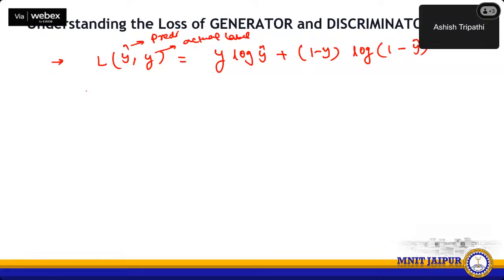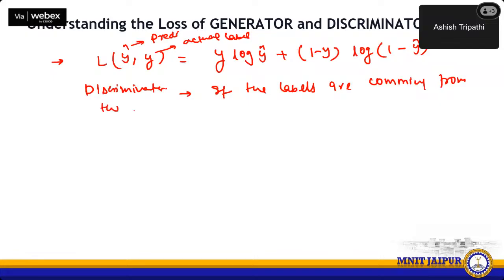So if I talk about the discriminator model, if labels of the data are coming from the original samples, what I have already told, the discriminator D is going to get the data from two databases.